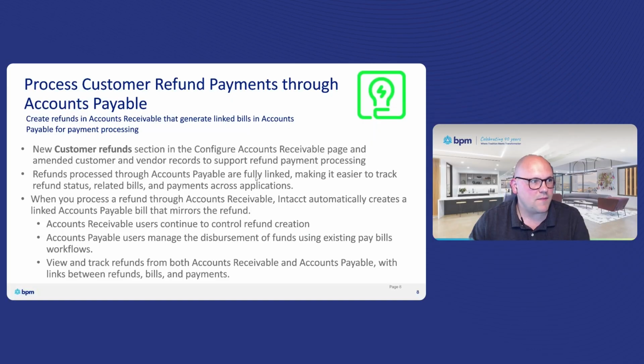Also, they made some enhancements to refunds. We have customer refund payments now through Accounts Payable. New customer refunds are going to be fully linked, making it easier to track the status of the refund and where it came from. Intacct is automatically going to create the linked accounts payable bills as well.